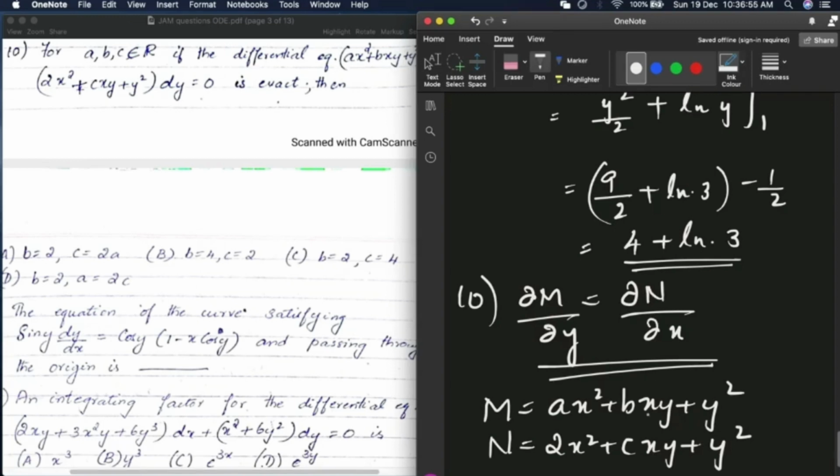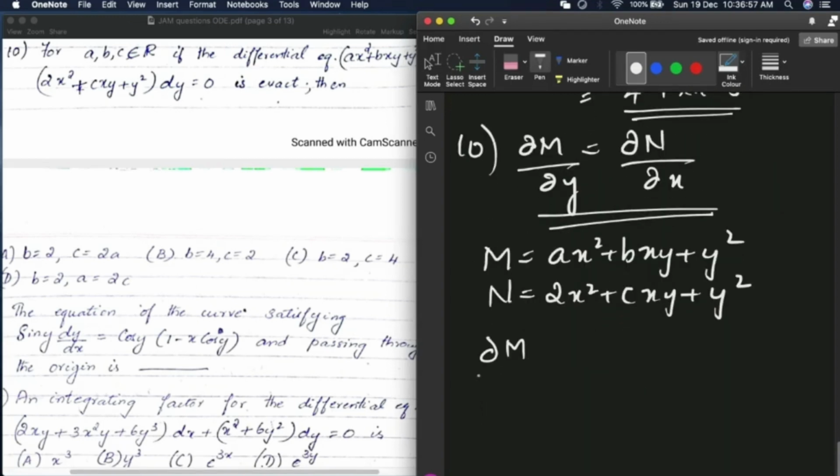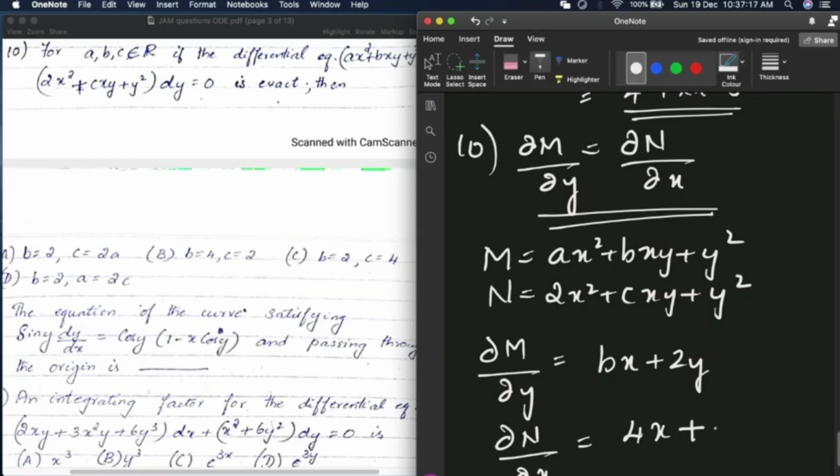Answer B, ma'am. Just equate. B is equal to 4 and C is equal to 2. B is the answer.